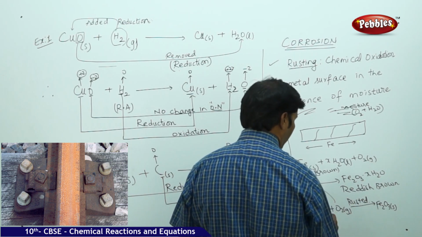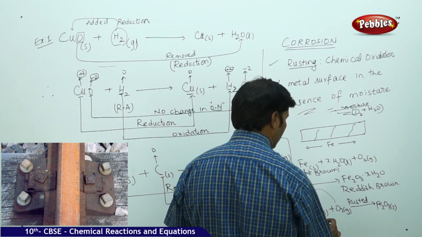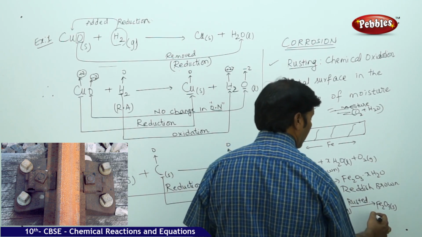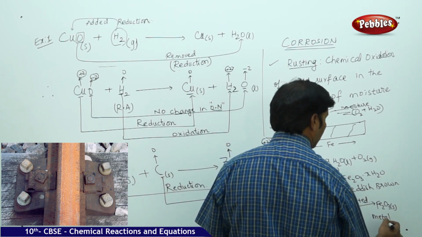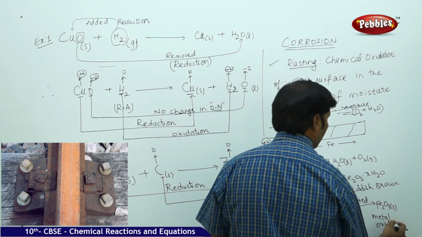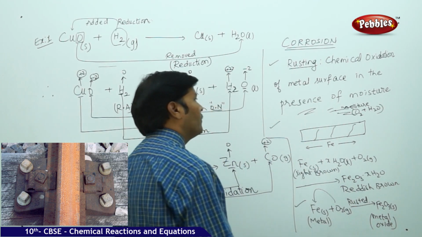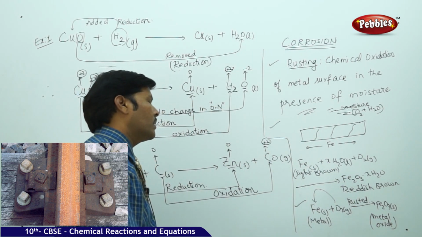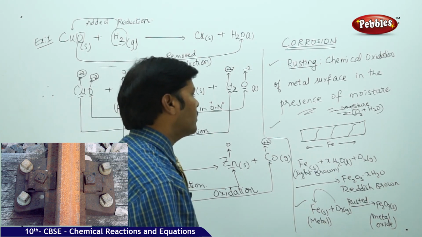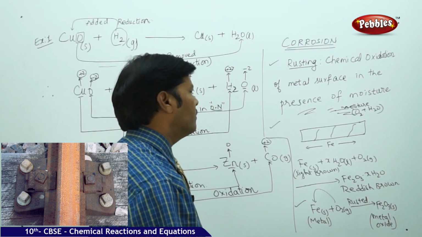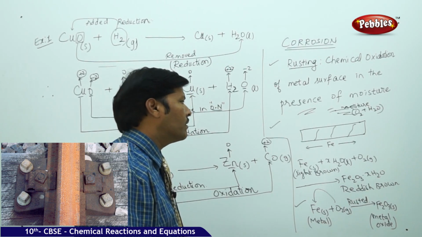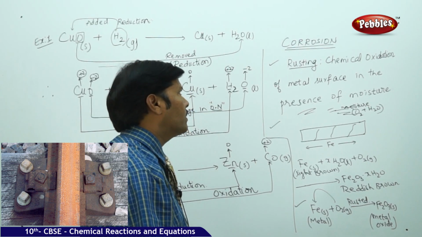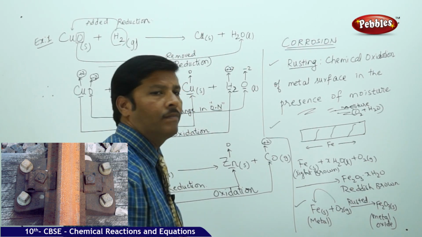So whenever a metal is converted to metal oxide, it gets rusted. So here, more reducing metals can reduce the less reducing metals in the case of rusting.